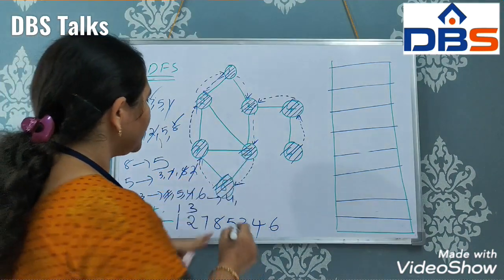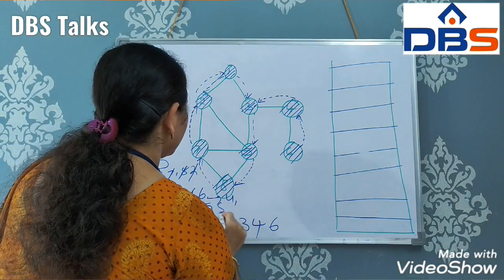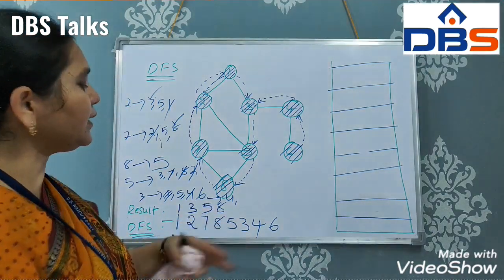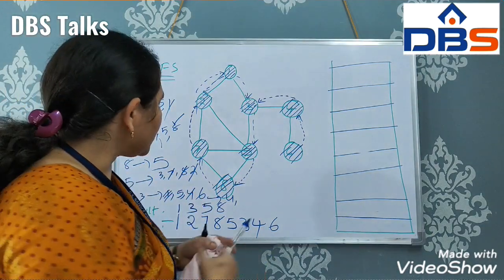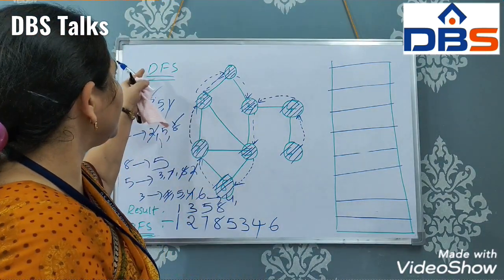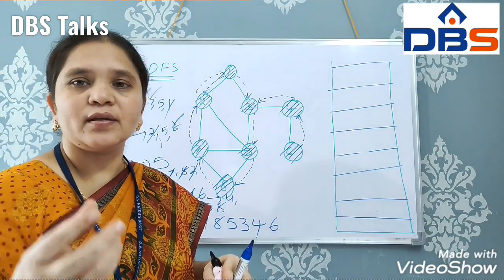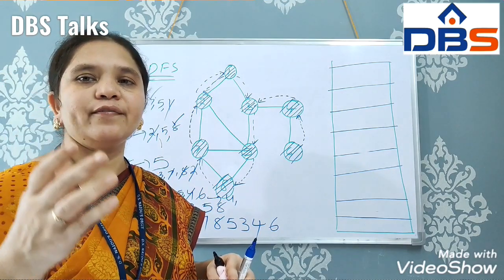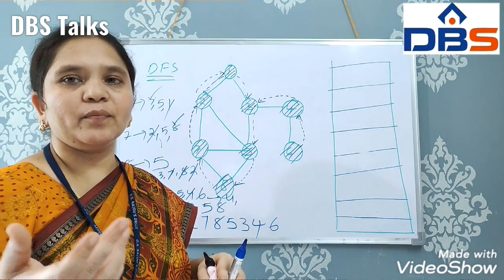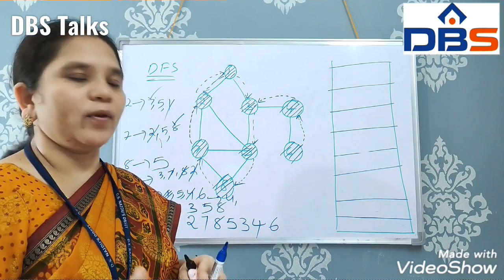From 3 I consider 5, from 5 I consider 8. Like this the scenario will change, so we will get different traversals using depth first search. While following different ways, we need to remember the steps of the algorithm, how to perform BFS as well as DFS. Then we can easily perform any type of problem.